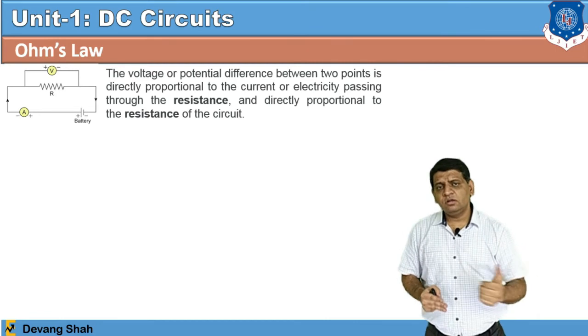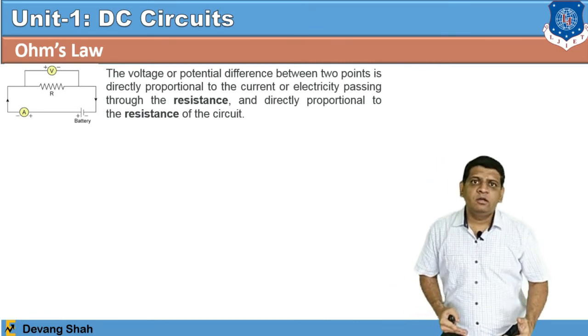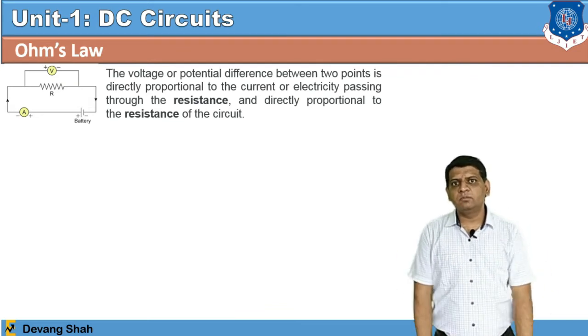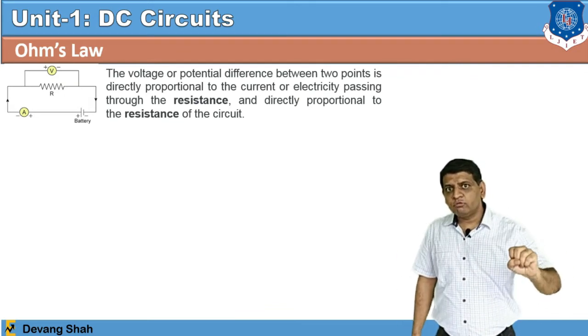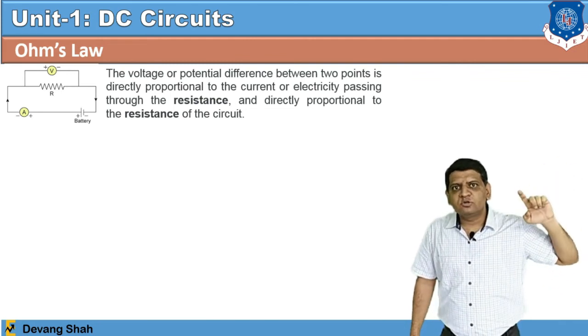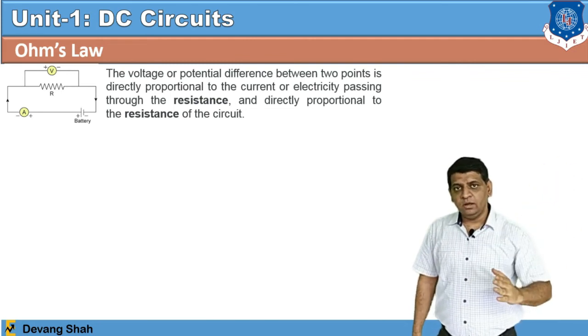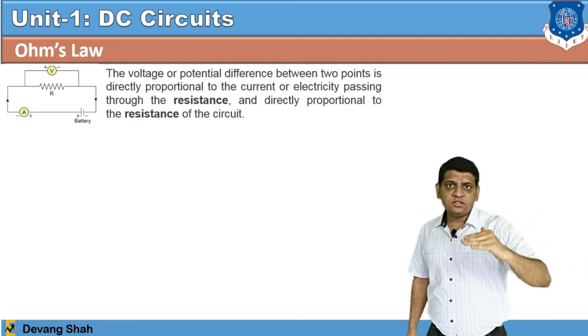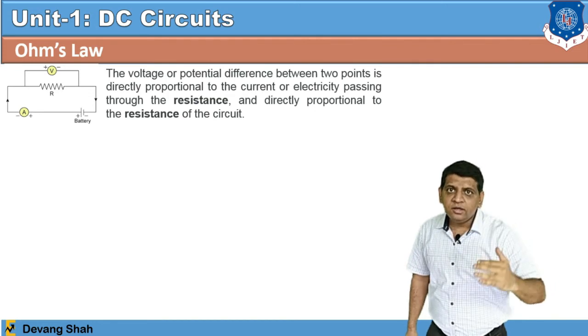Now let's take another case. Once you come to the highway where the road is very smooth, the resistance becomes constant, and you accelerate your vehicle, that means you increase the value of voltage, and the speed of the vehicle also increases. What does it mean? If resistance is constant and you increase the voltage, the current also increases.